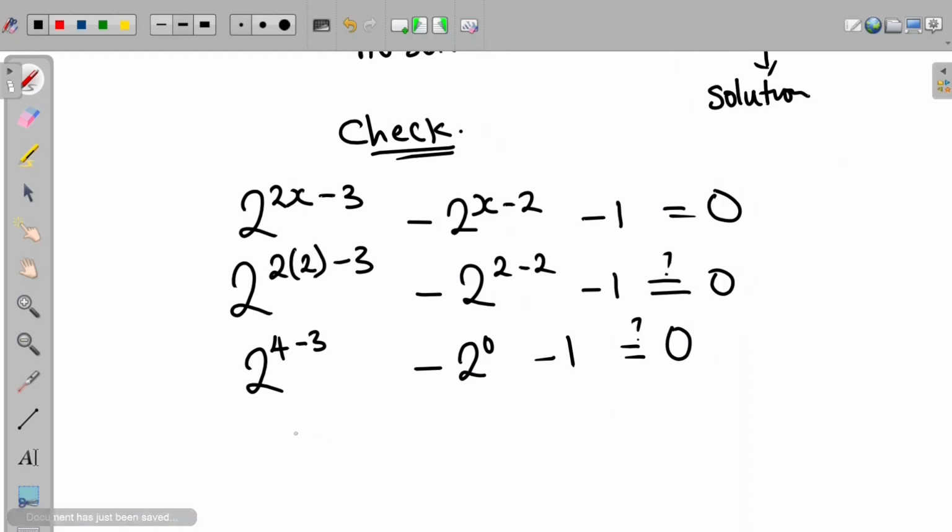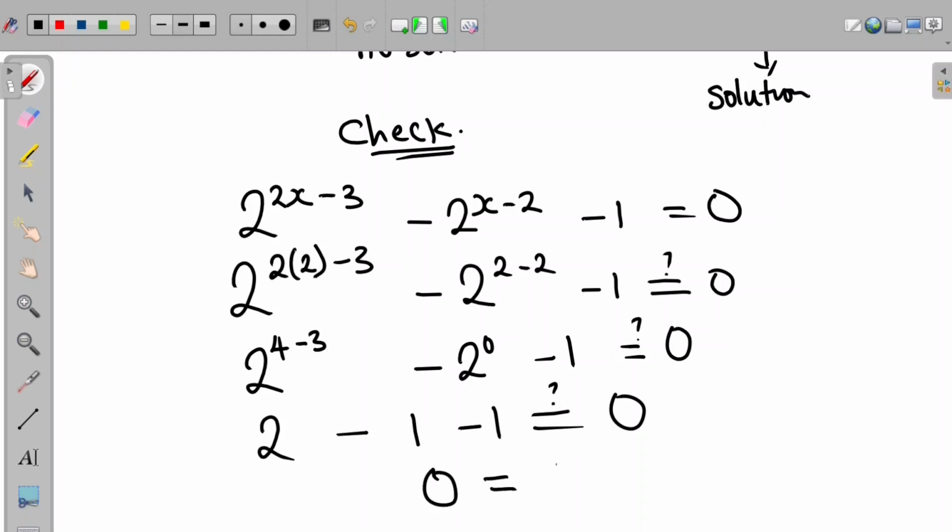So we are left with 2 raised to the power of 1, which is equal to 2, minus 2 raised to the power of 0 is 1, minus 1 equal to 0. So therefore, 2 minus 1 is 1, and 1 minus 1 is 0. So it is true that x equal to 2 is a solution.